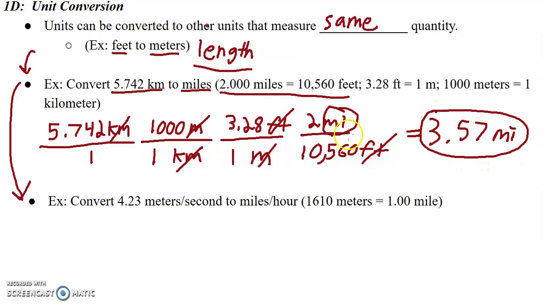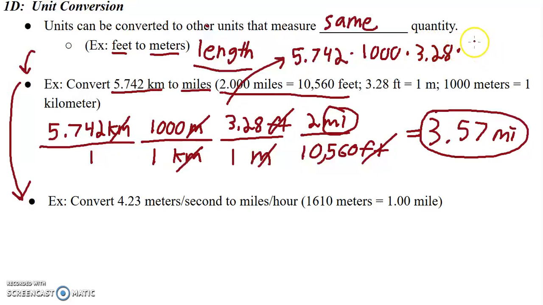Just a reminder on this, if you're punching it in and getting the wrong numbers, it might be a good idea to make sure you're multiplying one fraction by another. If you're not getting the right answer, it might be helpful to type each fraction multiplied by the next fraction. So punch into your calculator 5.742 times 1,000 times 3.28, and then times the last fraction.